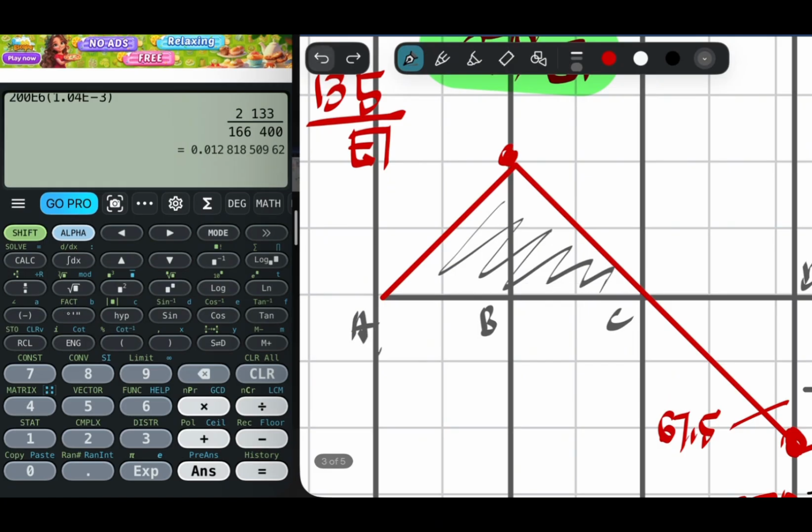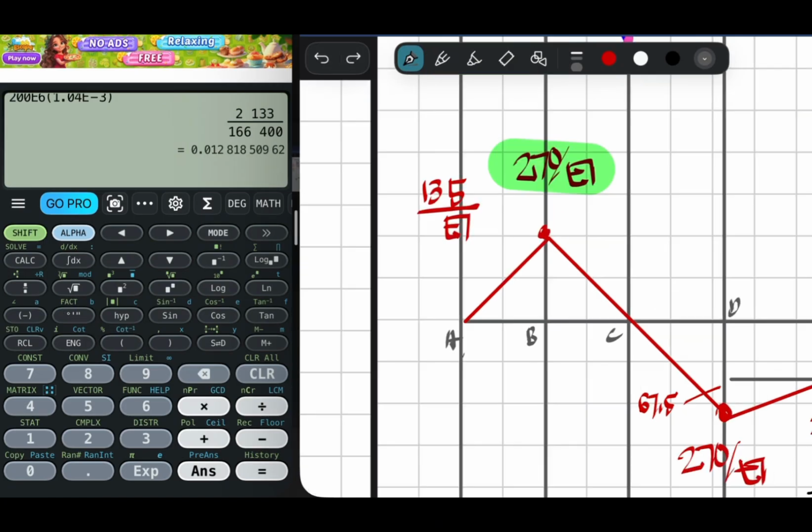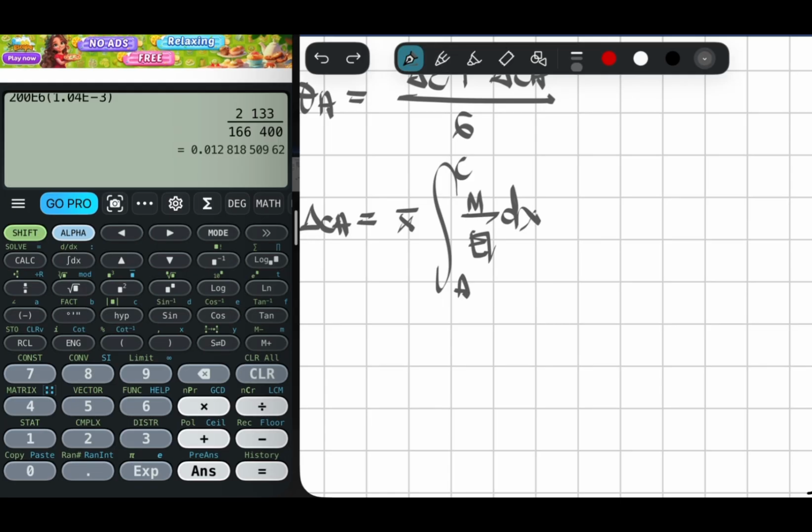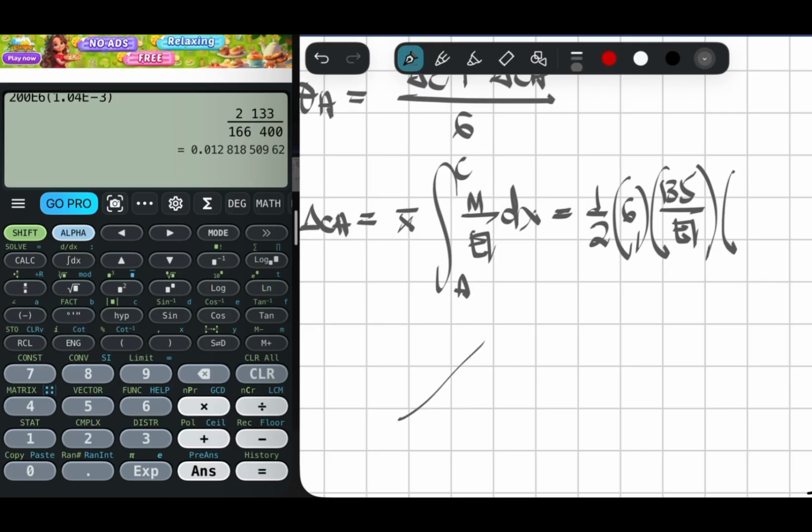The perpendicular distance is measured by rotating about point C, which is 3.